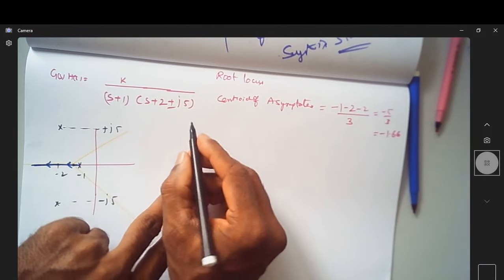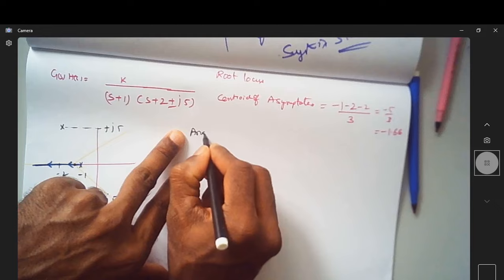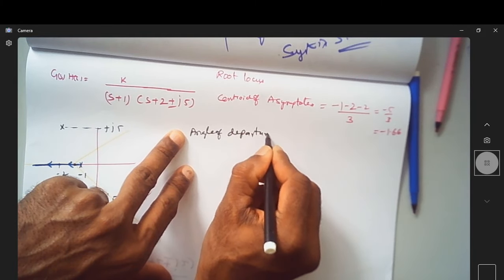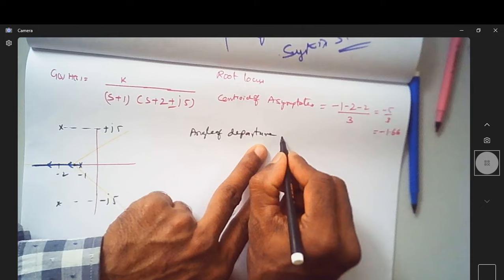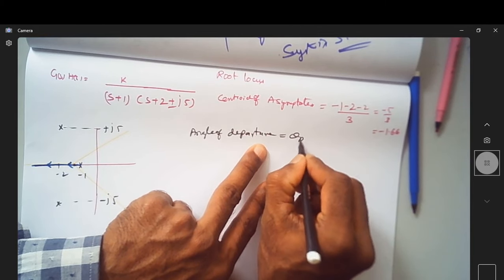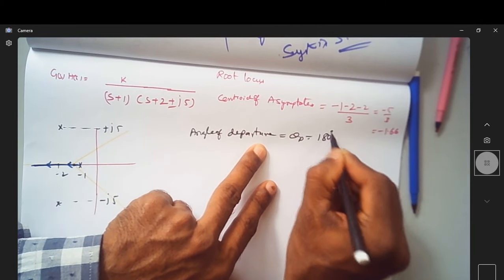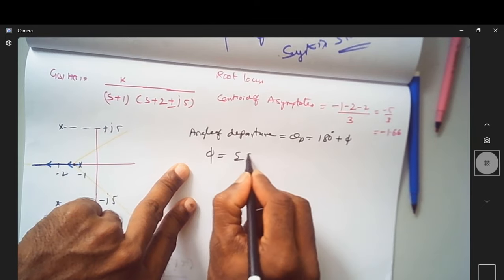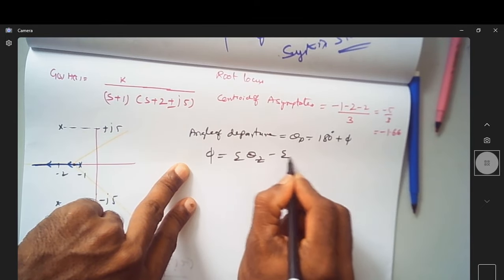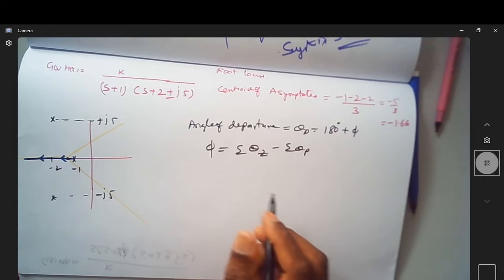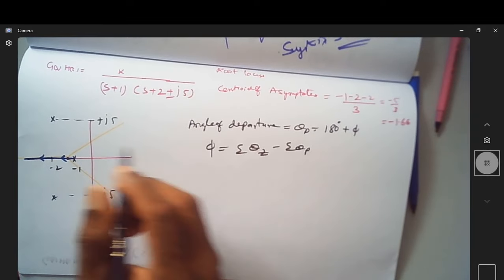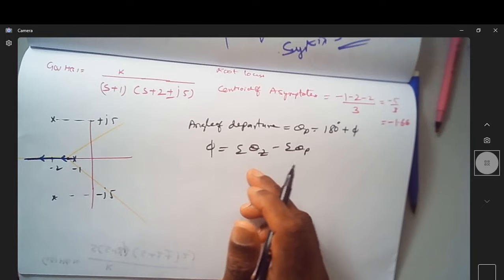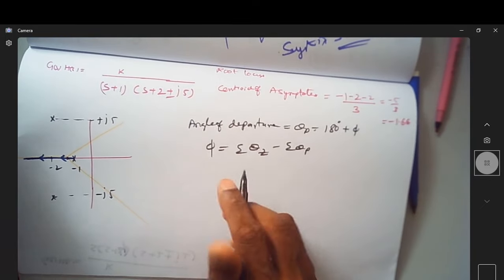Okay, angle of departure is given by theta d is equal to 180 degree plus phi, where phi is summation of theta z minus summation of theta p. So we don't have any zeros here.